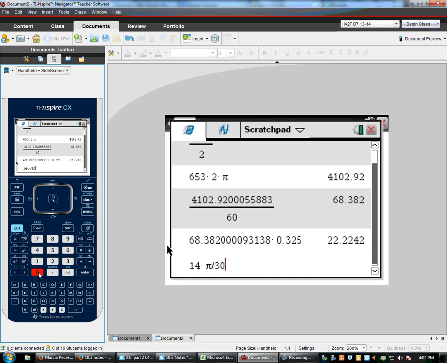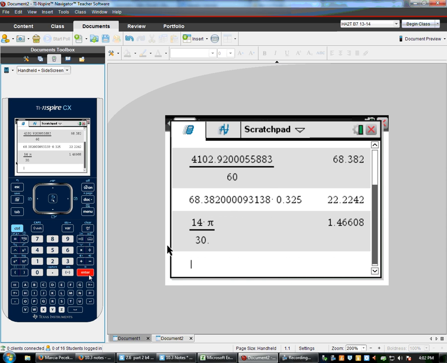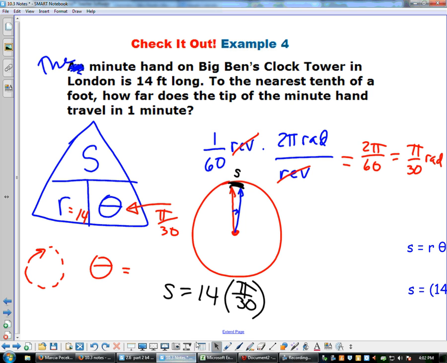And when we do that, we end up getting 1.46. So about 1.5. What units are we talking about here? Feet, 1.5 feet. So it's approximately 1.5 feet that the tip of the minute hand moves every minute on Big Ben.